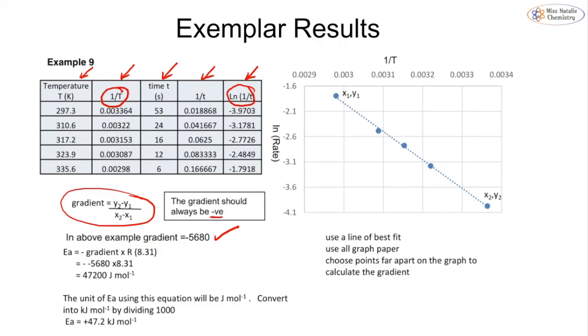We can then substitute that into our Ea over R and determine that the activation energy for this reaction is 47,200 joules per mole. And of course, we always want to put that into kilojoules, so we divide it by 1,000 and we get an activation energy value of 47.2 kilojoules per mole.